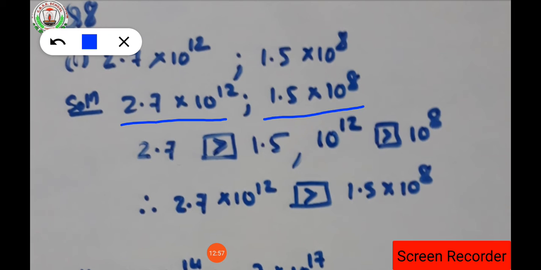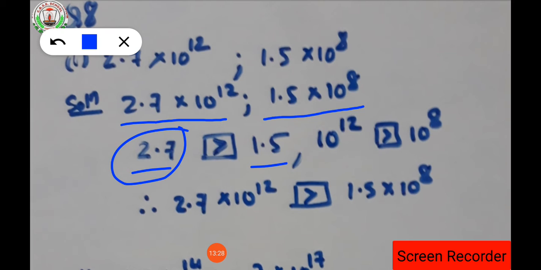First we will compare their base. The base of the first number is 2.7 and the base of the second number is 1.5. Among 2.7 and 1.5, which one is greater? 2.7 is the greater number, isn't it? Then the power of 2.7 is 10 to the power 12, and for 1.5 it is 10 to the power 8.